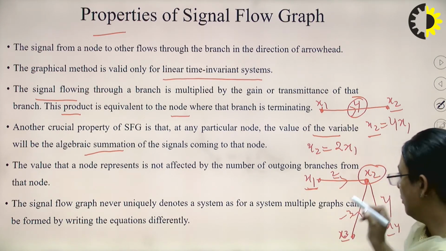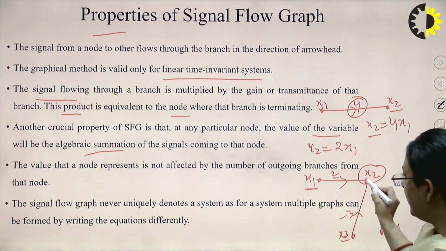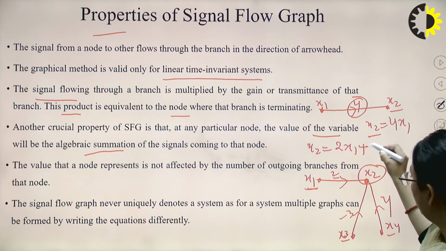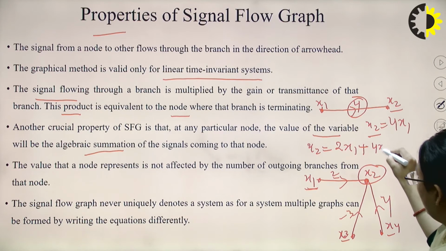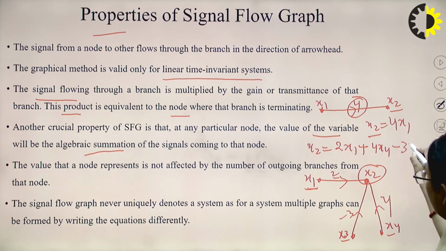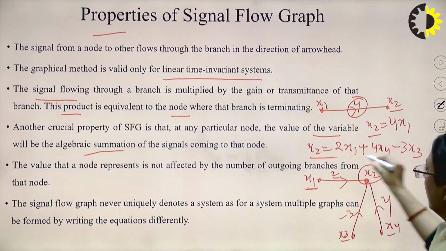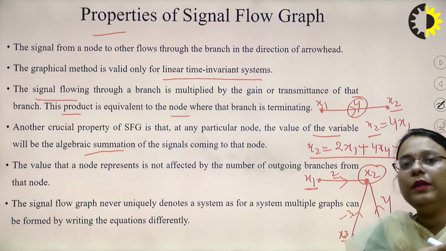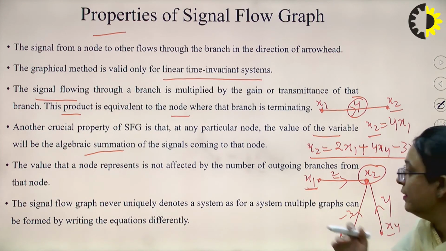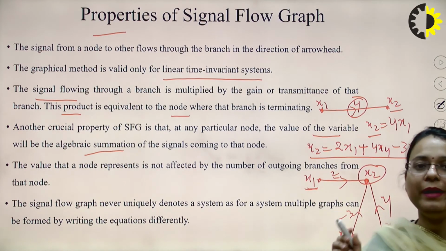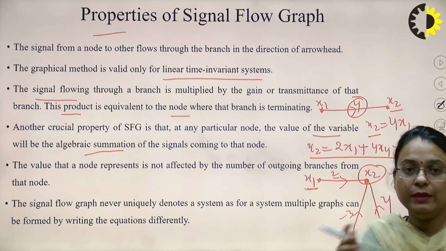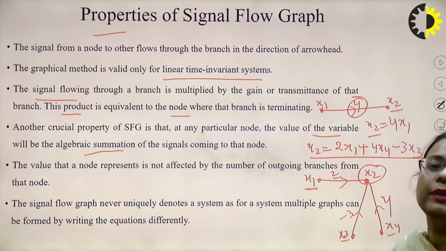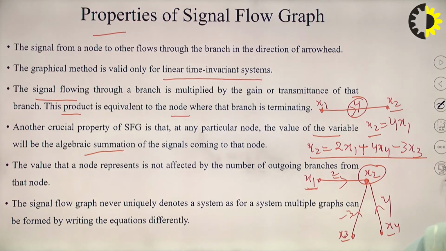Another branch enters from x3 and another from x4, so it will be 4 times x4 and -3 times x3. This is the relationship between x2 and x1, x3, x4. This x2 is dependent upon the variables x1, x3, x4, but these variables are independent of x2. They do not depend upon x2.